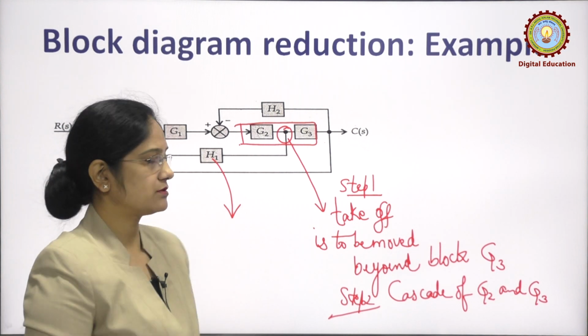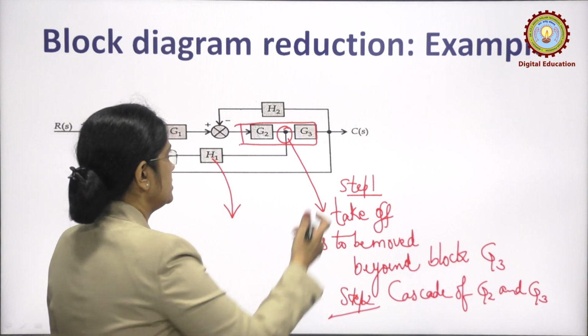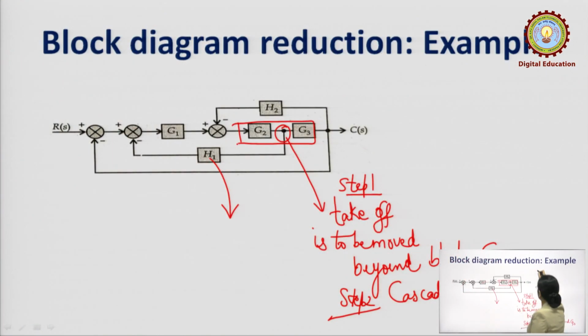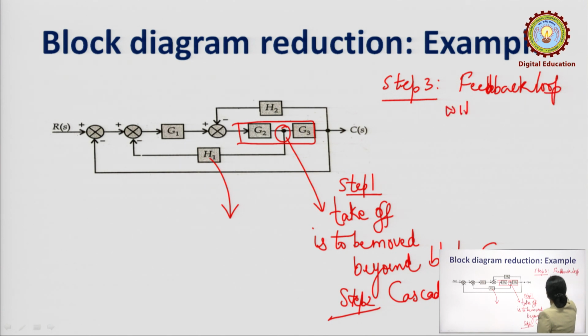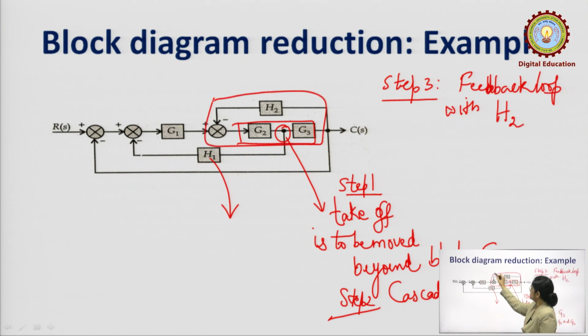So, we can solve the cascade G2 G3, and that comes out to be step 2. In step 3 it will be the feedback loop with H2. Once that feedback loop is solved, this part of the block diagram will be reduced.